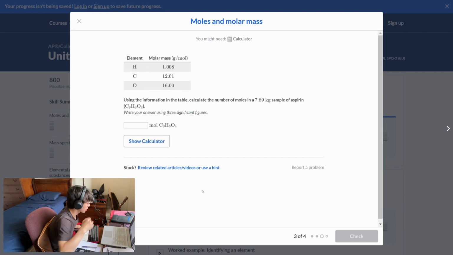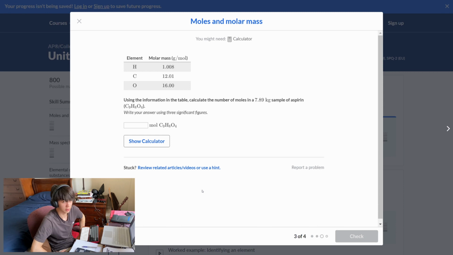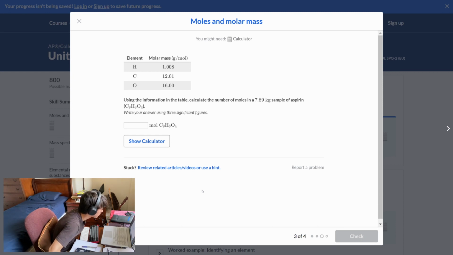Okay, using the information in the table, calculate the number of moles. Kilograms, sample of aspirin. That's aspirin? Chemistry's kind of cool. Okay, all we need is the number of moles, so 1.008 grams per mole times how many hydrogens? 8.